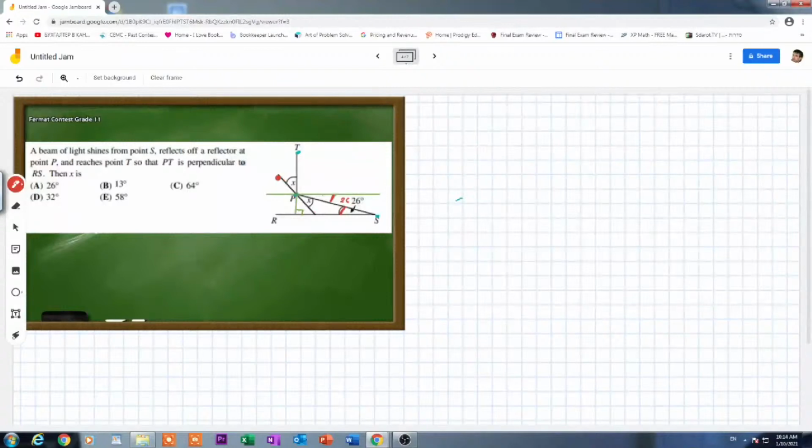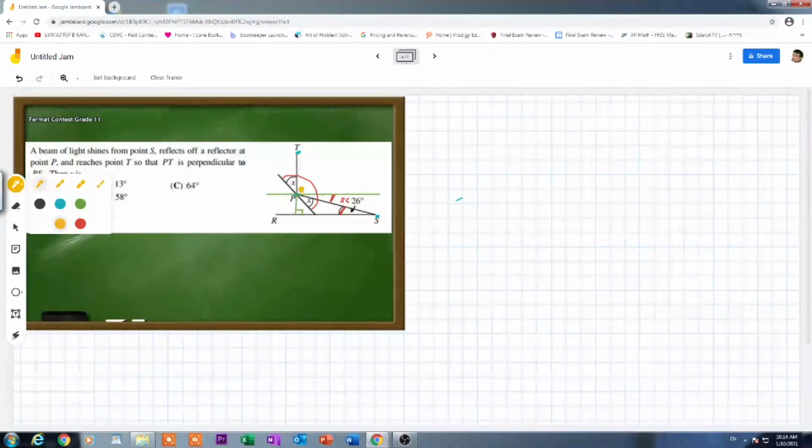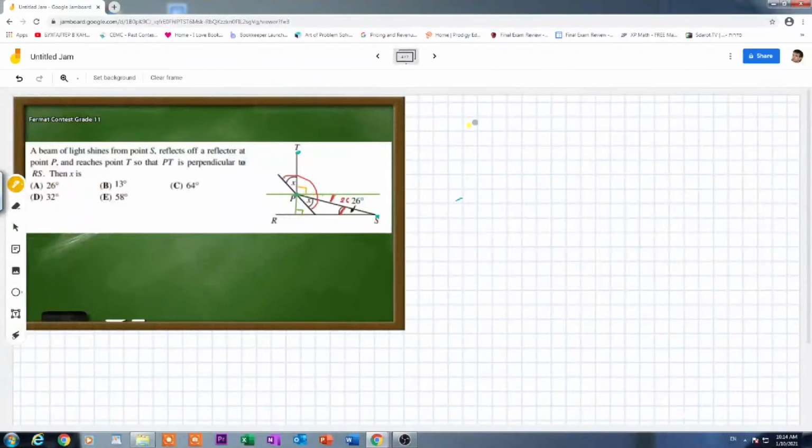So the reflector, right, is a straight line, right? And this angle will be 180 degrees. This will be 180. This will be 90, right? So we can form an equation now because we know all the parts. So 180 degrees equals, right?